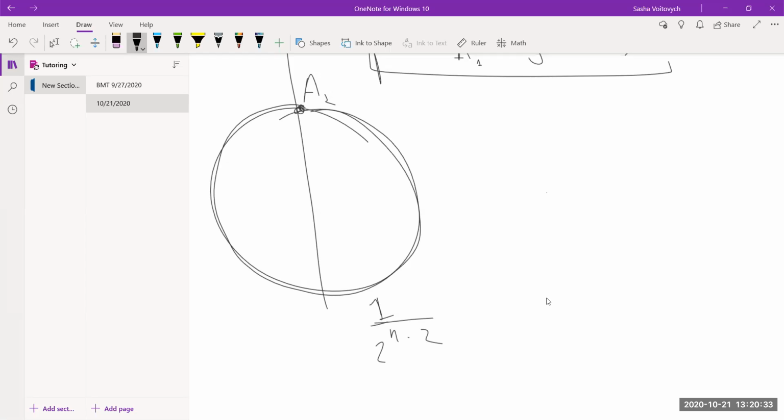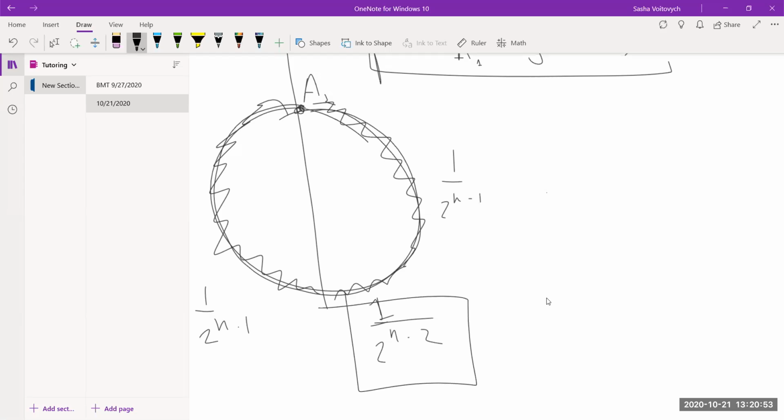So the probability that all points will end up here is 1 over 2 to the power n minus 1. The probability that all points will end up on this side is 1 over 2 to the power n minus 1. So the total probability will be the sum: 1 over 2 to the power n minus 2.